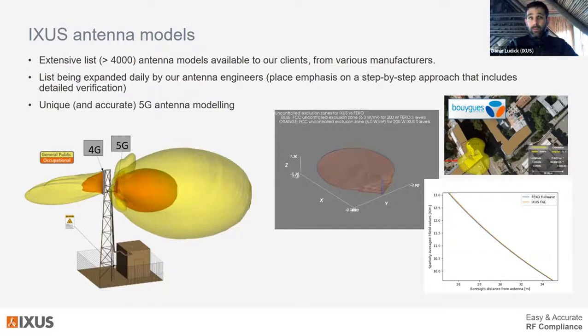And we also make sure that it's accurate, that it resembles the information that we get from antenna manufacturers, and that is in the form of verified data sheets, pattern information, and so on. And we really do use a combination of methods, some of which is based on full wave techniques, to get the most accurate representation for what that antenna will do when used for RF safety compliance studies.